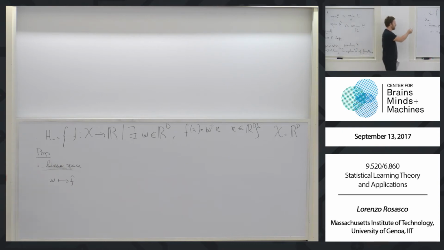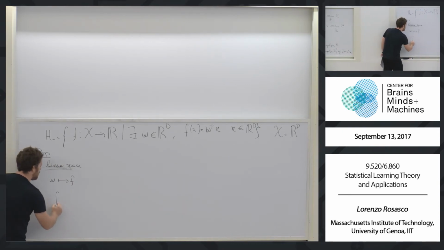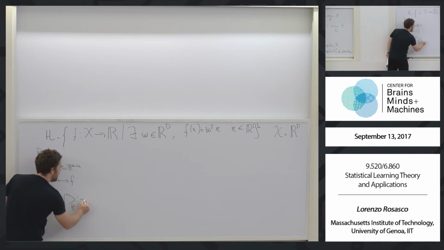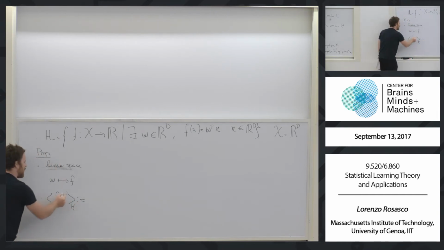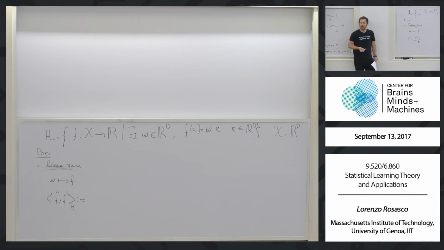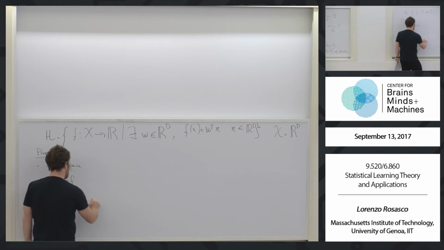So we have a linear space, but we can also define an inner product on functions. We can define the inner product on any two functions f and f prime in H. How? Just because every function is a vector. It's completely trivial now, and we're going to make this more complicated in a minute, but just appreciate that this is easy now.